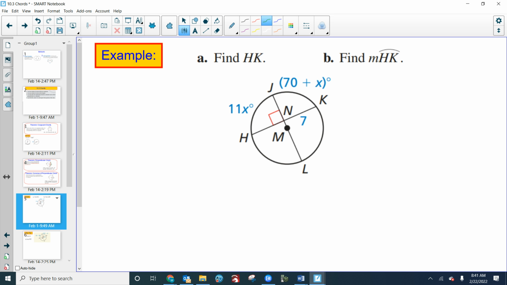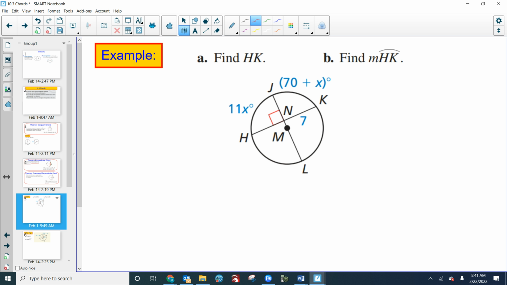And I'm not so concerned about whether you're using the theorem or its converse. You just need to identify what's the process here. First of all, do we agree JL is called a diameter? Good. It goes through the center. It's called a diameter. And it hits HK at a right angle.